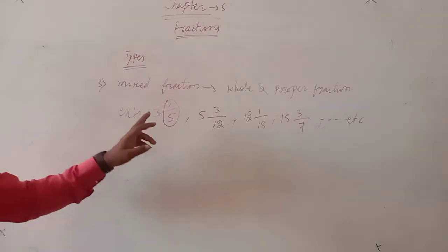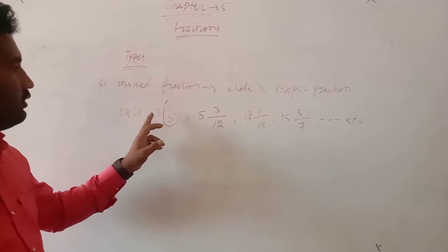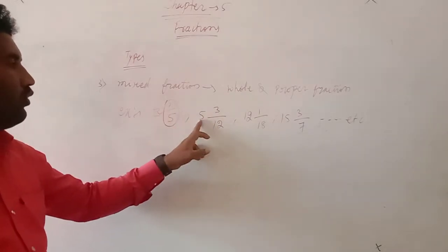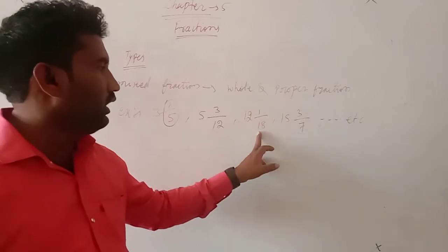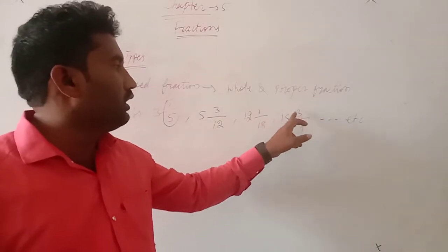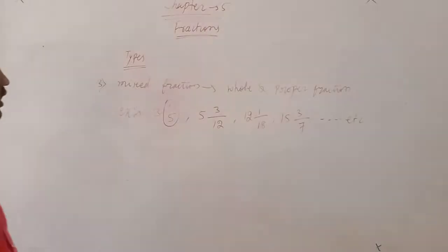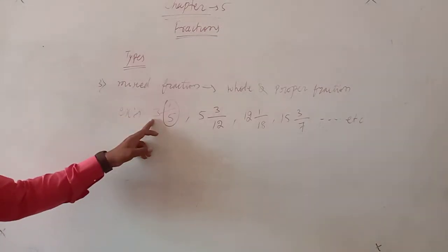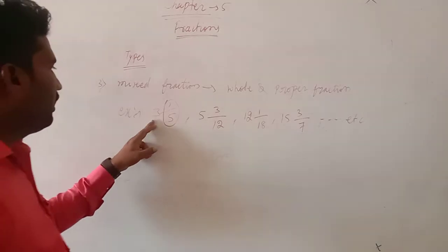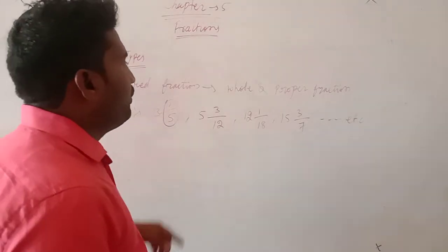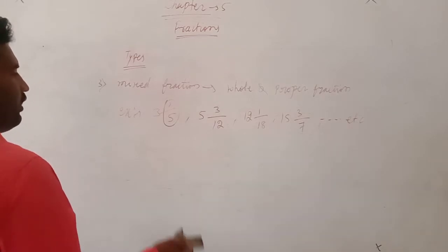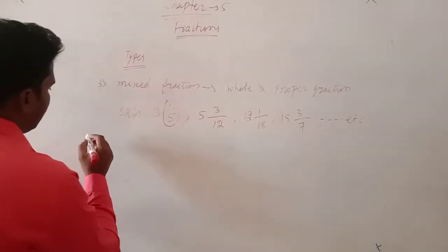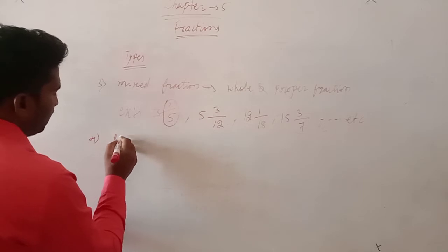We are seeing a whole or integer, and a proper fraction. These are the examples for the mixed fraction: a combination of a whole and a proper fraction. So next one, like fraction.